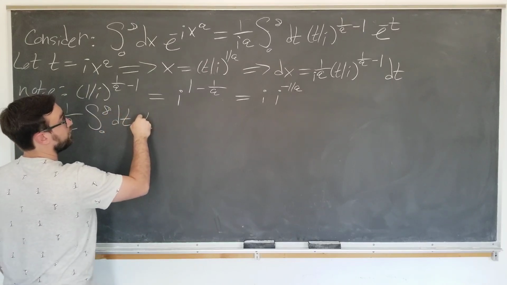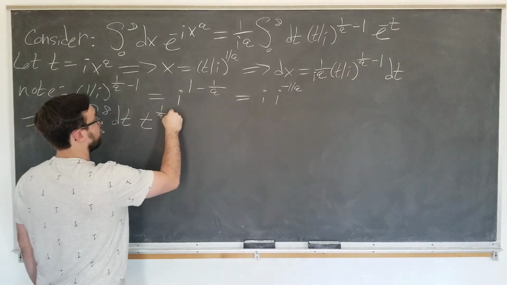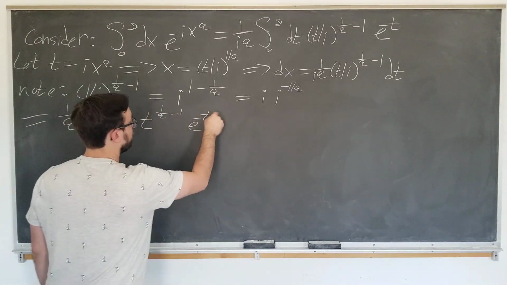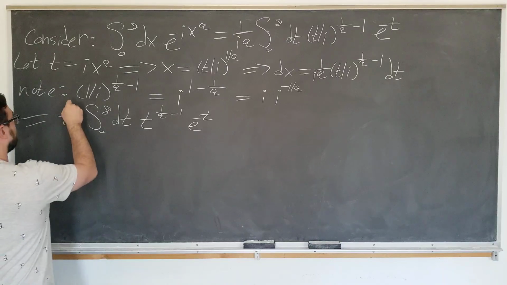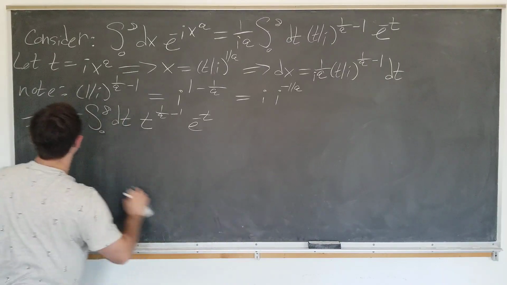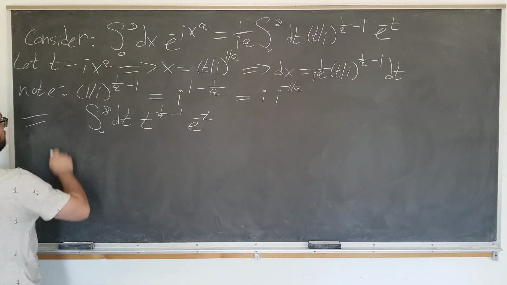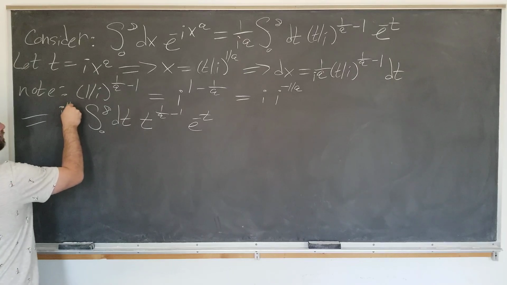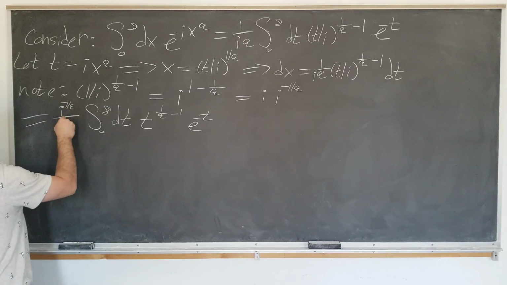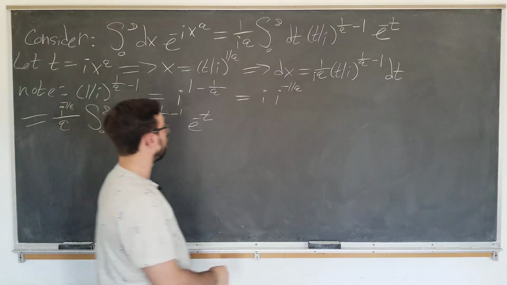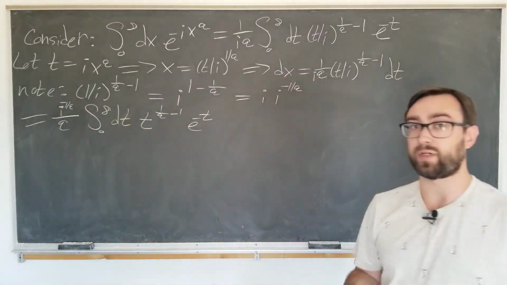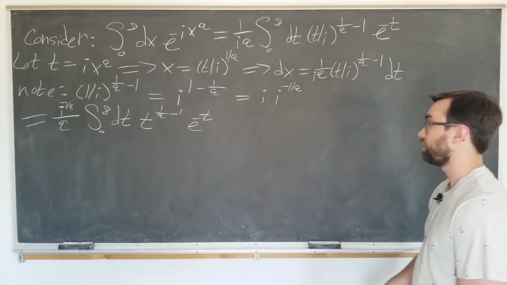We have t to the 1 over a minus 1, e to the minus t, and we also had to put an i to the 1 over a power up front, minus 1 over a. And now we want to use a special function that you may notice this looks similar to.